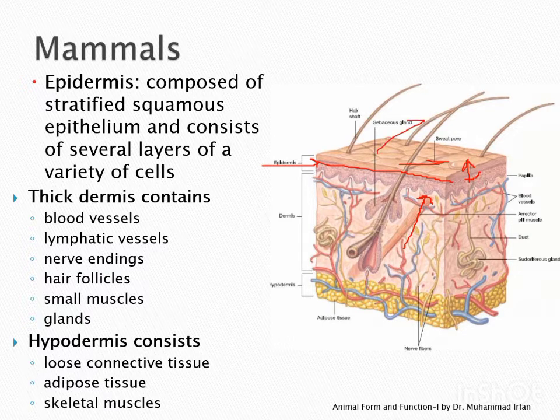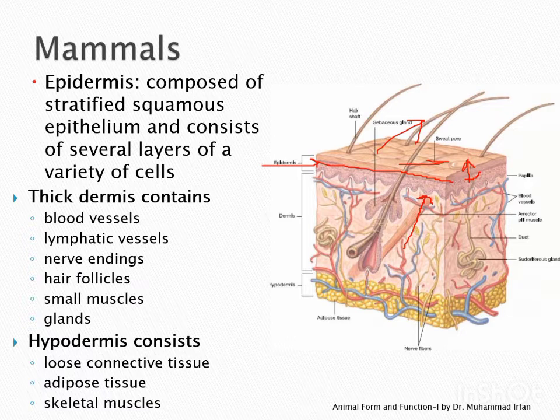So the outermost cells in this stratified arrangement protect the cells underneath, and the deeper cells replicate and replace the cells on the outermost surface.